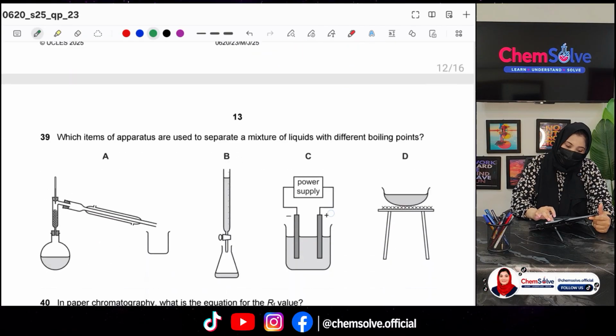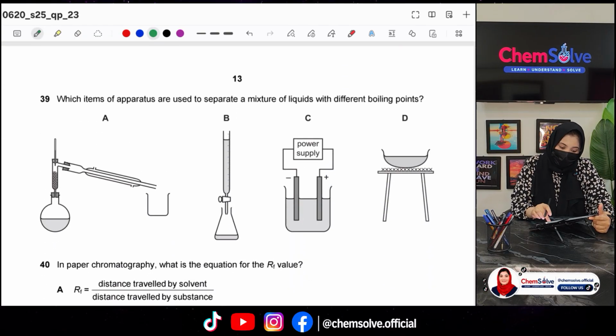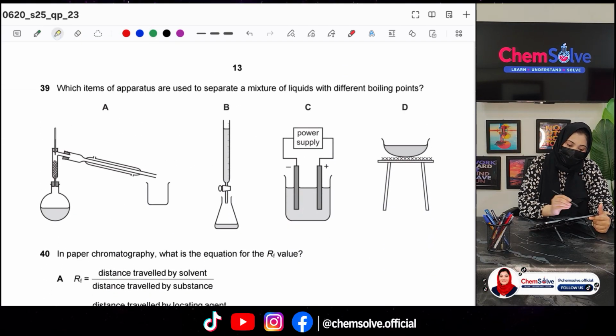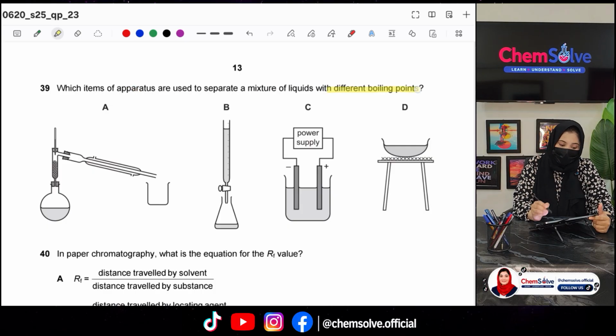Question number 39. Which item of the apparatus is used to separate the mixture of liquids with different boiling points? Let's understand first of all how we can separate a mixture of liquids having different boiling points.